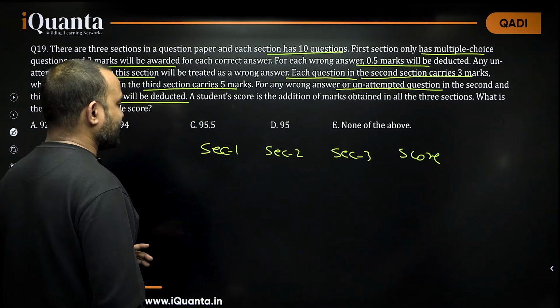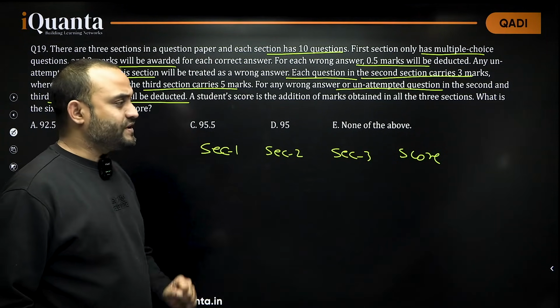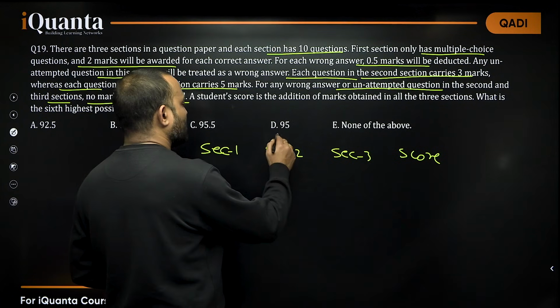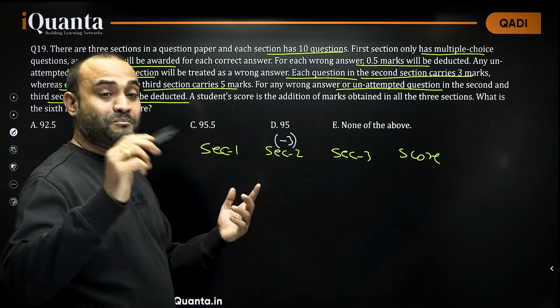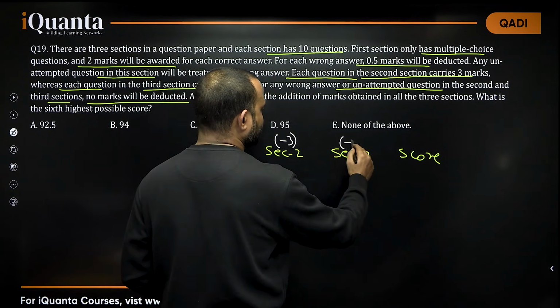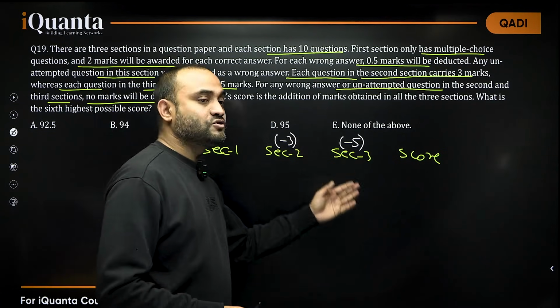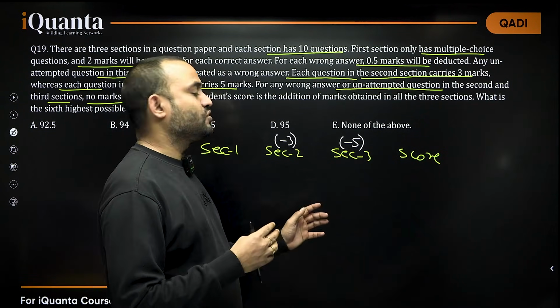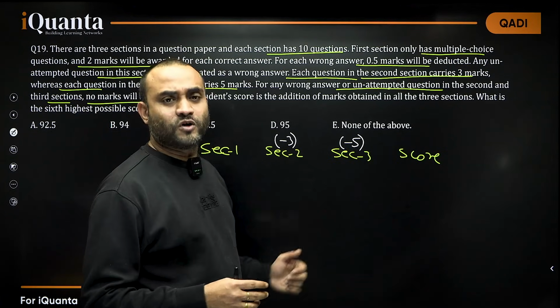In section 2, every question that you leave, your score will be reduced by 3 from the maximum possible score. In section 3, every question that you leave, your score will be reduced by 5. For 10 questions, you are getting 50. If you are solving 9 questions, you are getting 45. For 8 questions, you are getting 40, right?